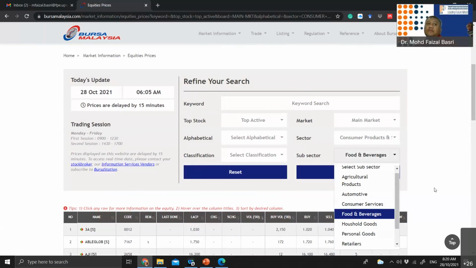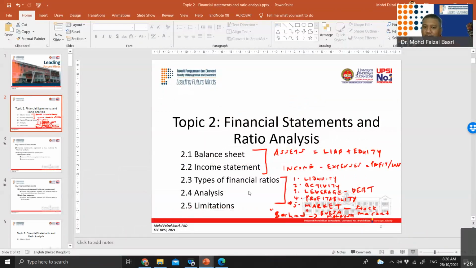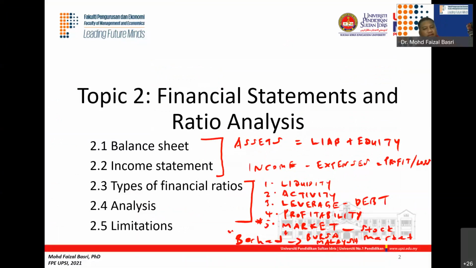So there will be no similar groups with similar companies. You will have different companies and different subsectors. Right, so that's for market ratio number 5.